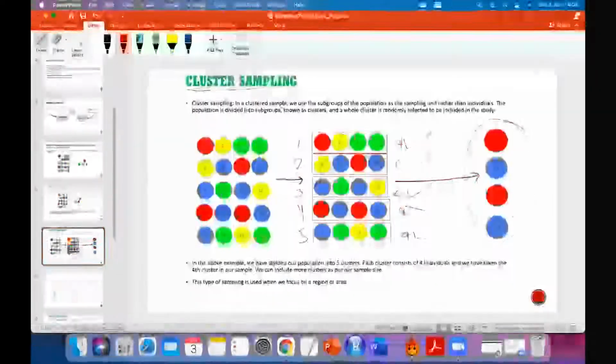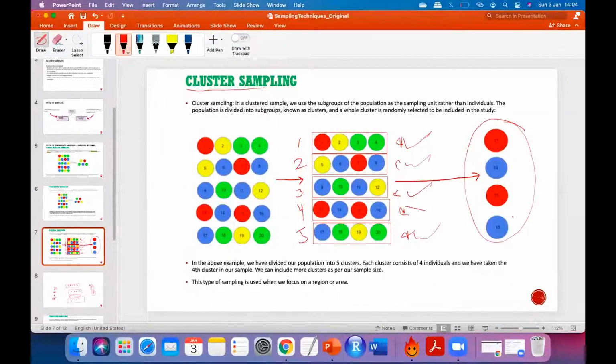So see, usually cluster sampling is used when your population is already divided in terms of clusters. Let's say you take the example of a city. A city is usually divided into areas, colonies, wards, like that. So this can vary.